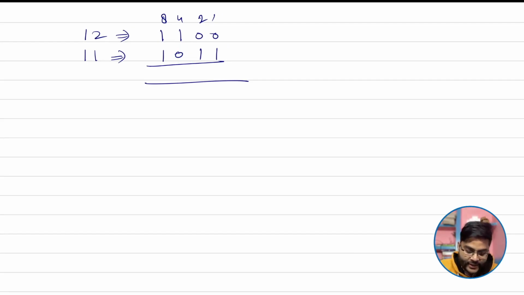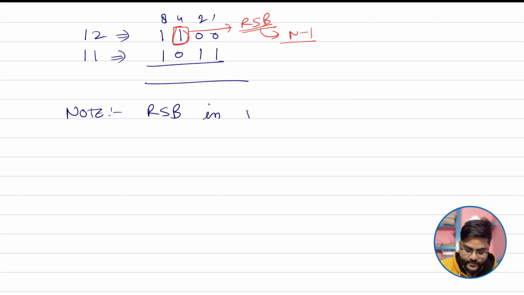So in 12, this is my rightmost set bit, and it will definitely be 0 in n minus 1. Take any number. So I'm writing it, you can note it: the rightmost set bit in n will be reset, or 0, in n minus 1.